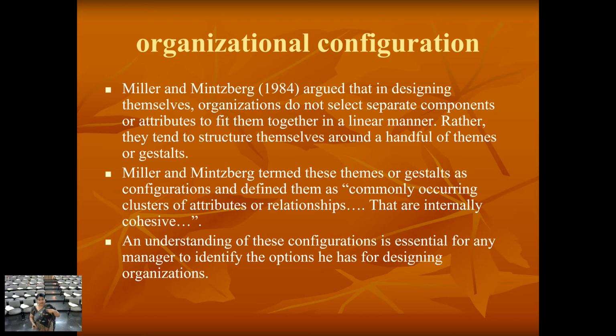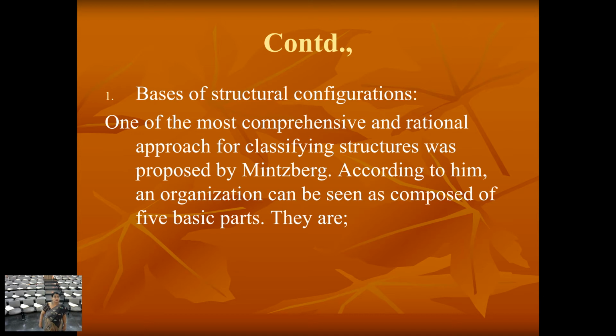He says each theme and each gestalt has to be taken care of in order to design the organization. So an understanding of these configurations is essential for any manager to identify the options. Let it be anyone, you should know these parts, this gestalt, this theme, to identify the options he has for designing an organization.